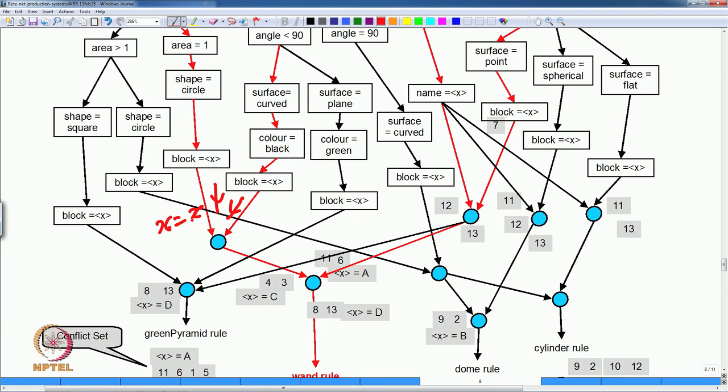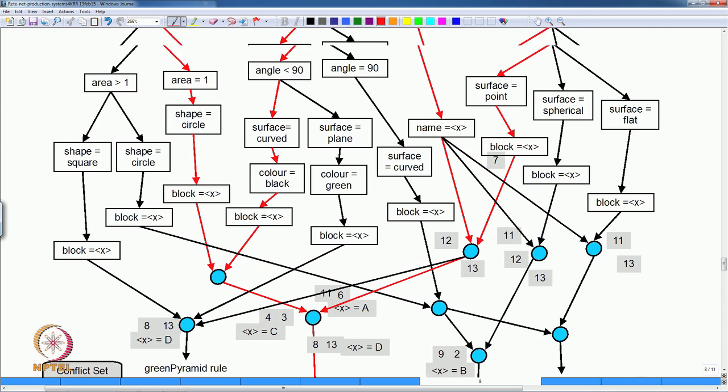That is what this beta node is doing, that if there are two variables which have the same name in the two branches, then they must match the same value essentially. So, the Bond rule will have that. Then another thing will say angle of the side, if you remember, is less than 90, the surface is curved, the color is black, and of course, the block has a name which must match the other one. Then there are two more patterns which are coming.